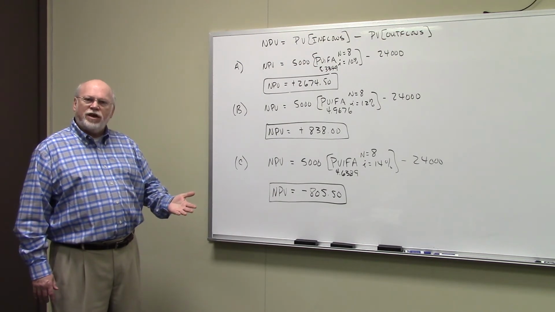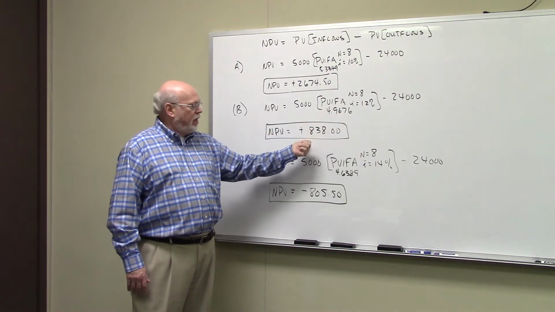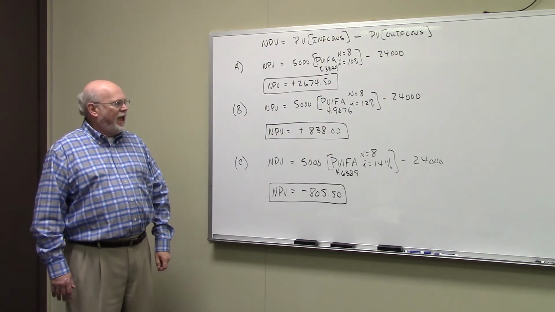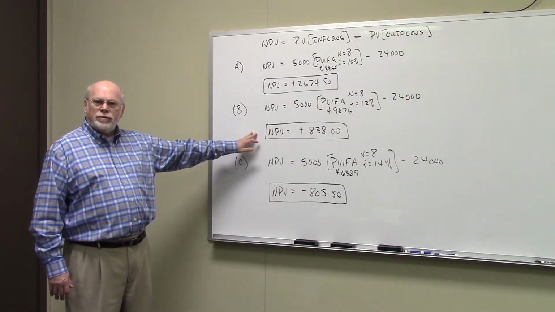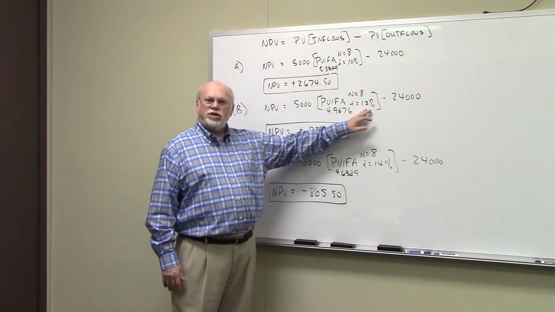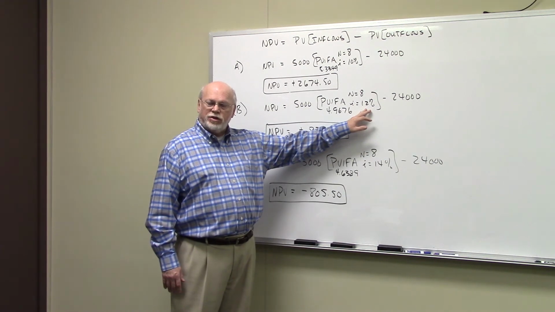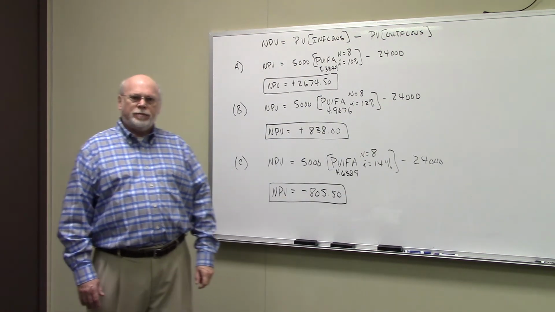That's the present value of your inflows. Subtract 24,000 from it, and you'll get the net present value, which is a positive $838. Still a positive number, and because it's positive, that means the rate of return on this asset is greater than the cost of capital. So this asset earns a return in excess of 12%.